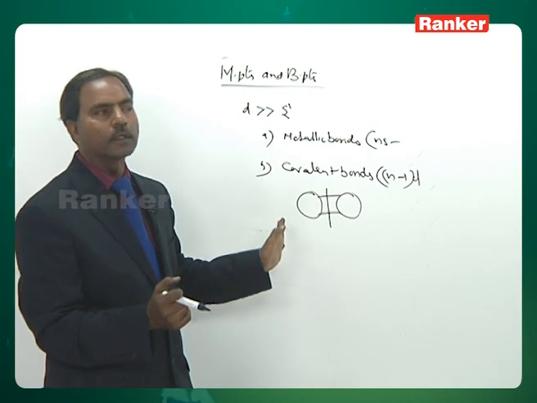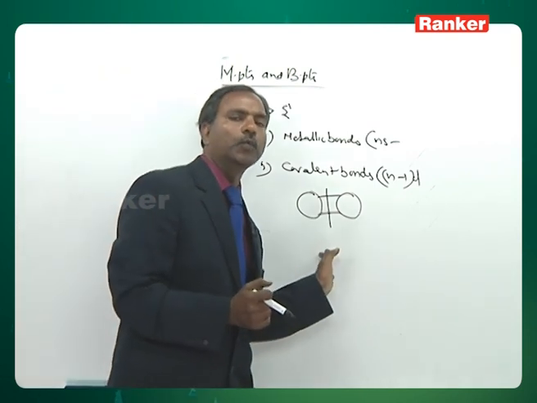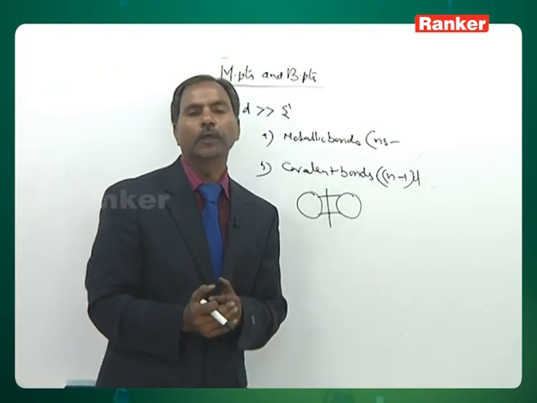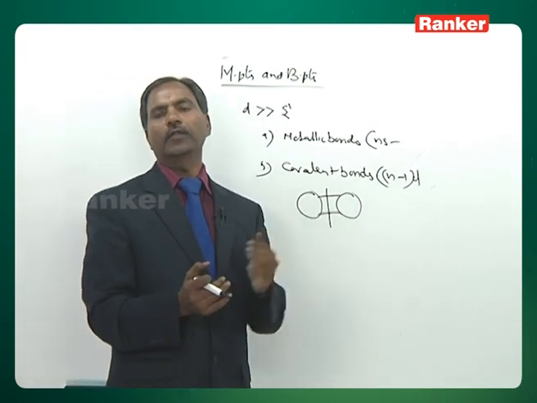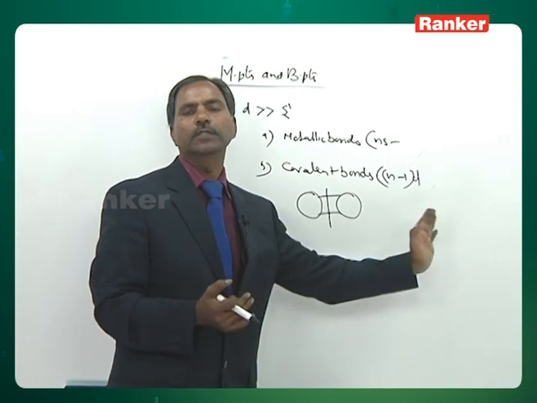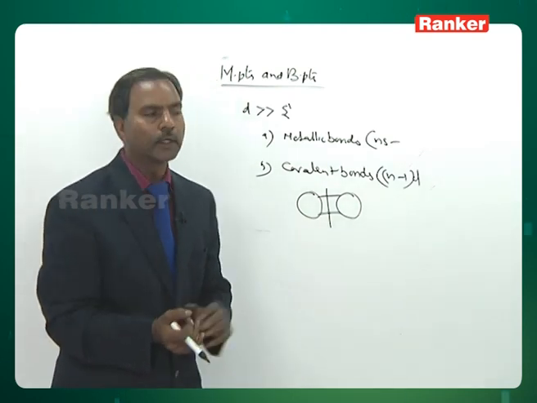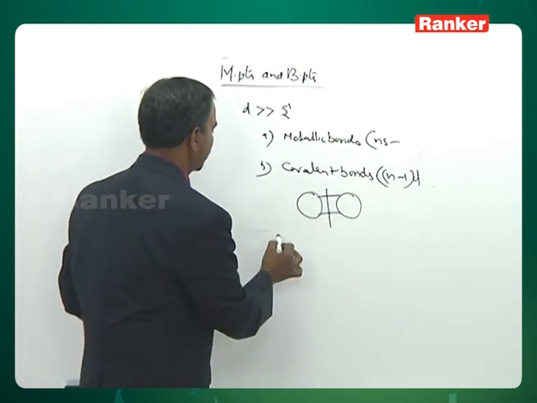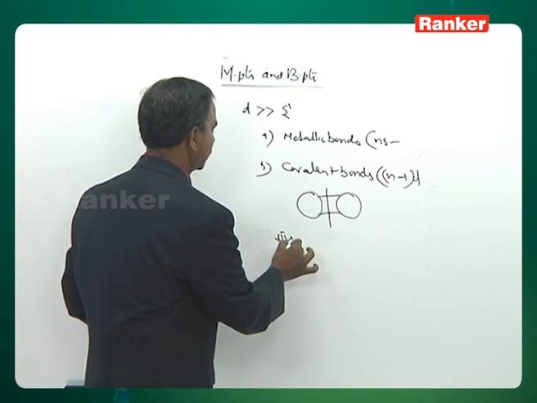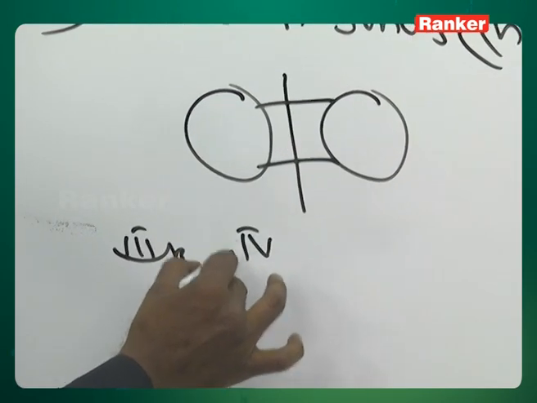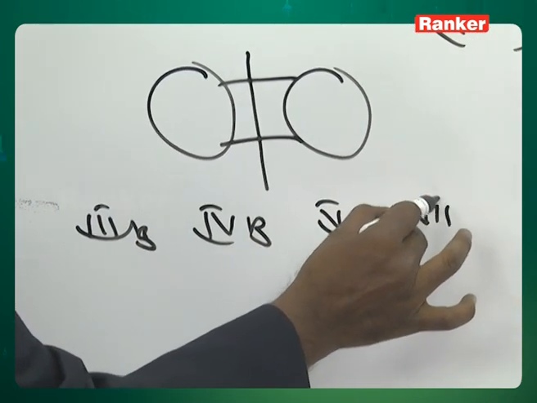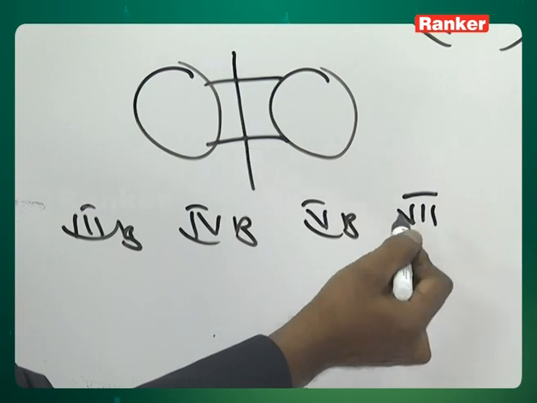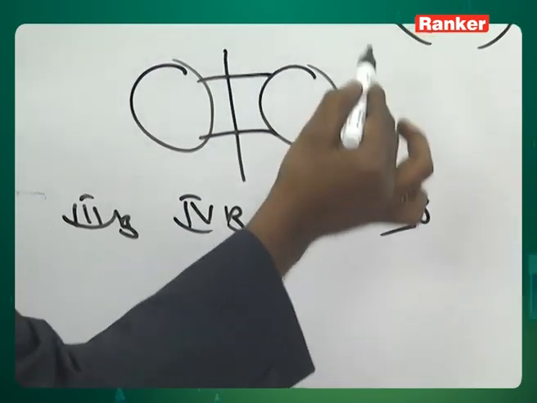Therefore, from the third B group to the sixth B group, the number of unpaired electrons gradually increases, and the melting and boiling points also gradually increase. Let me show this. Consider the third B, fourth B, fifth B and sixth B groups.